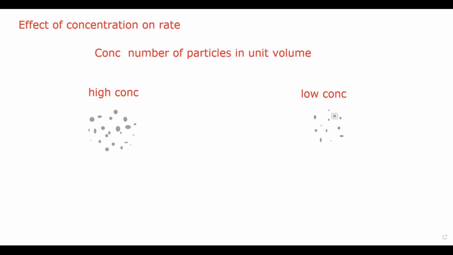So high concentration will have more collisions and low concentration will have few collisions. When there are more collisions, always remember the collision theory. According to collision theory, if there are more collisions, there will be a faster, greater rate. So in high concentration, the particles collide more often as compared to low concentration.